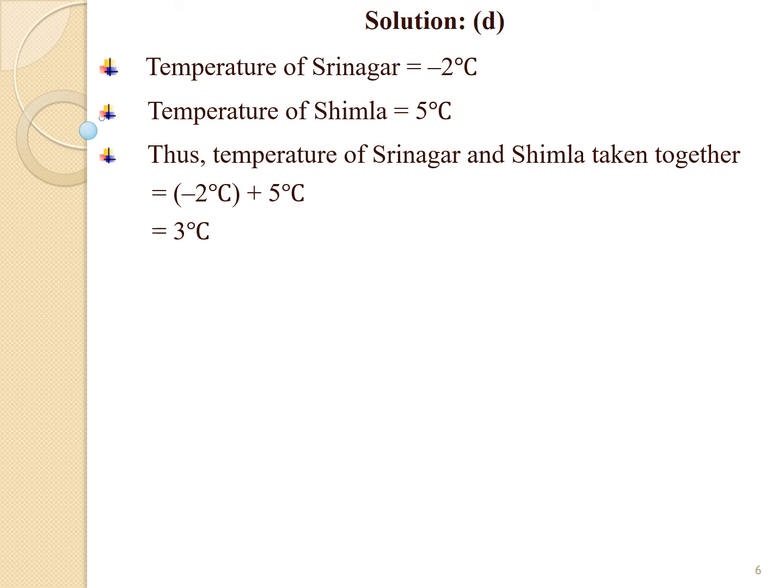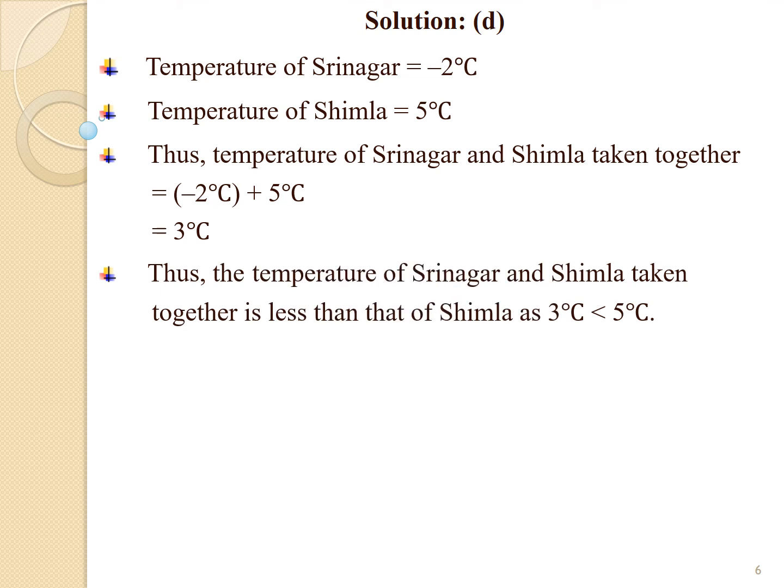Students, so we can say that the temperature of Srinagar and Simla taken together is less than that of Simla, as 3 degrees Celsius is less than 5 degrees Celsius.